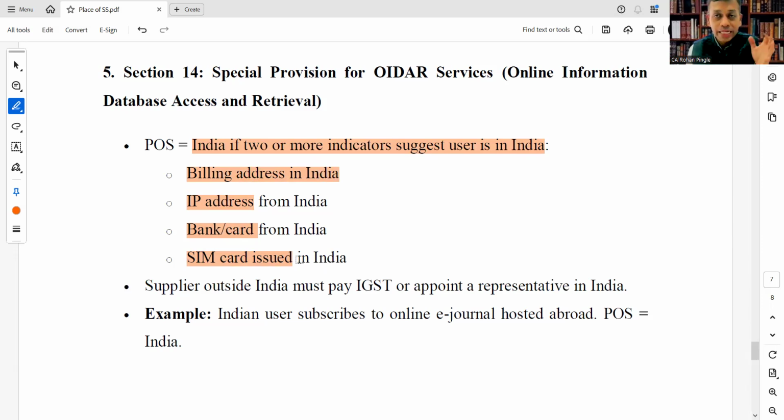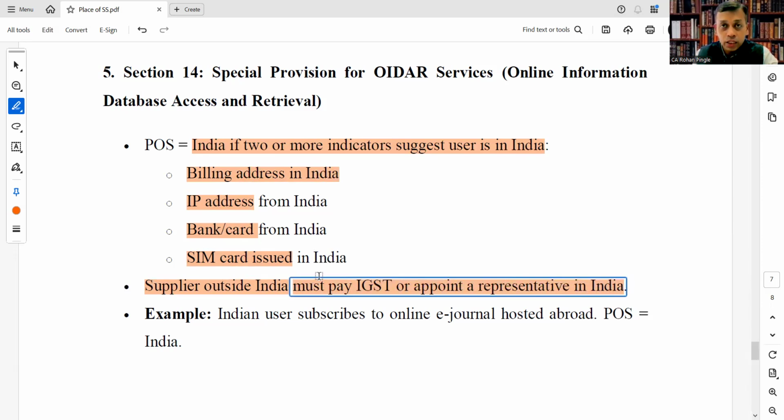For example, billing address in India, IP address from India, bank or card from India, SIM card issued in India. A supplier outside India must pay IGST or appoint a representative in India.